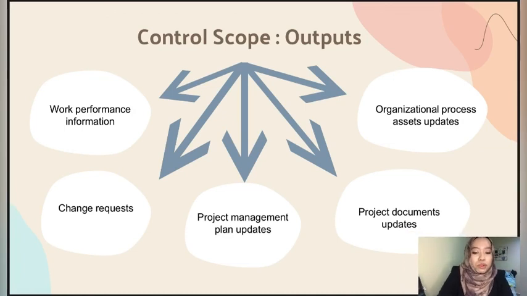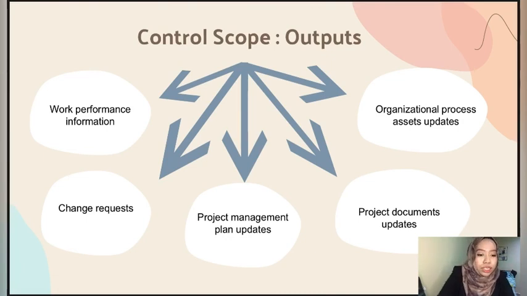It means that it includes correlated and contextualized information on how the project scope is performing compared to the scope baseline. For the next one, which is change requests to the scope baseline or other components of the project management plan. Alright, for the third one, which is project management plan updates, it has 2, which is scope baseline updates and other baseline updates.